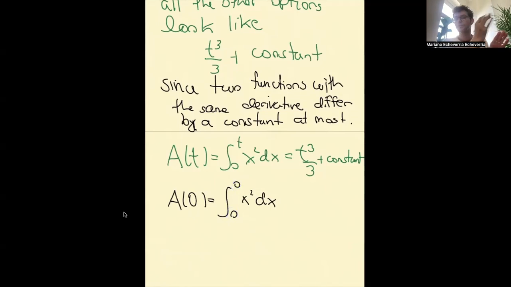It is the area from 0 to 0, right? So what should the area from 0 to 0 be?